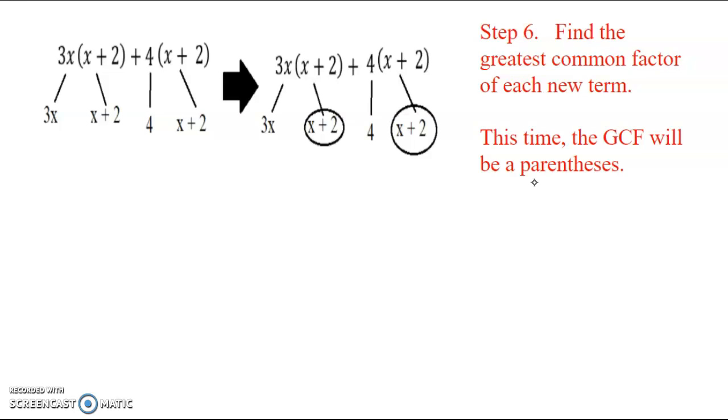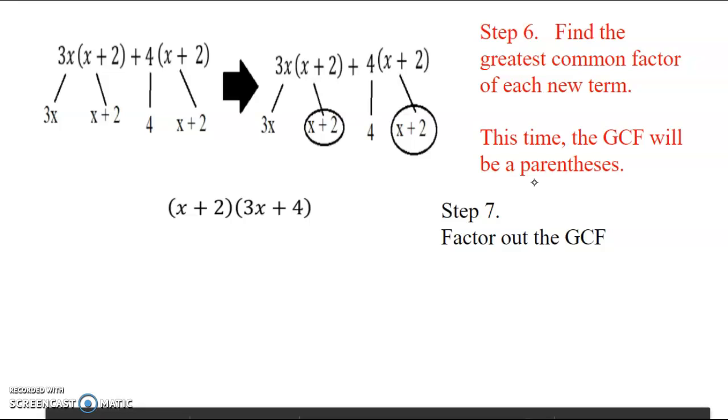See, x plus 2 is here, x plus 2 is here. That means it's common to both the first half of the expression as well as the second half. So this time we're going to take x plus 2 out as the GCF, and then you're left with 3x plus 4. So this is your final answer.